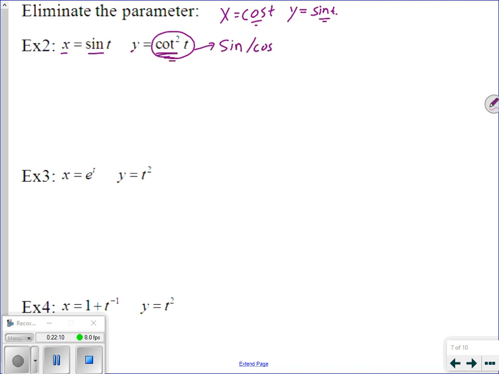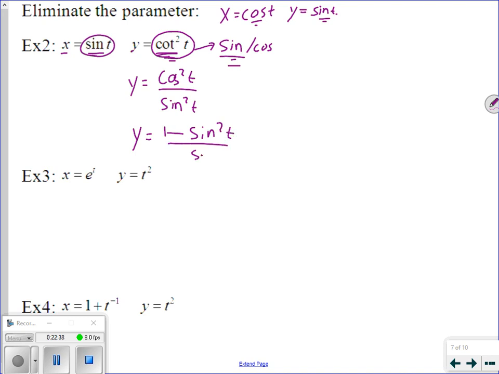We know what cotangent squared is. That's the same thing as cosine squared over sine squared. Now, I know that x equals sine of t, so why don't I try to get this entire thing in terms of sine? Cosine squared is the same thing as y equals 1 minus sine squared t over sine squared t.